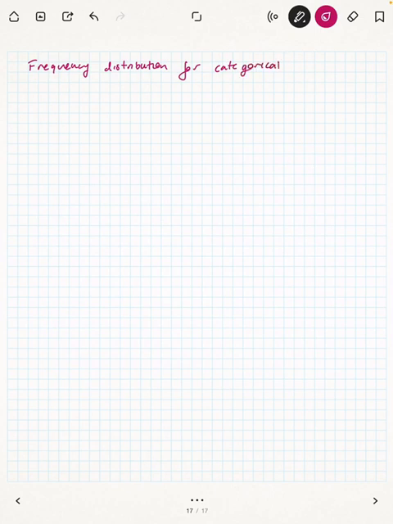That's what that table is called. So we have a category, or what we call class column, and we have a count, or what we call frequency column.